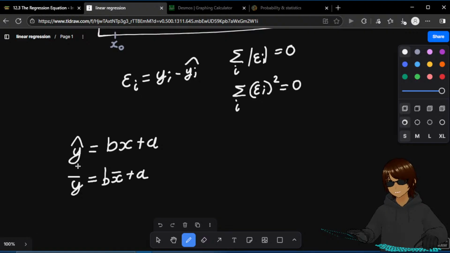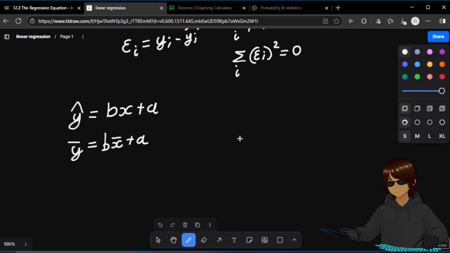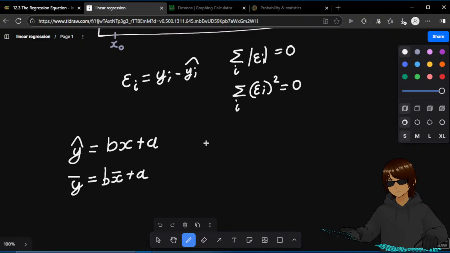Hold on, let me think about how I can do this. Line of best fit minus y.